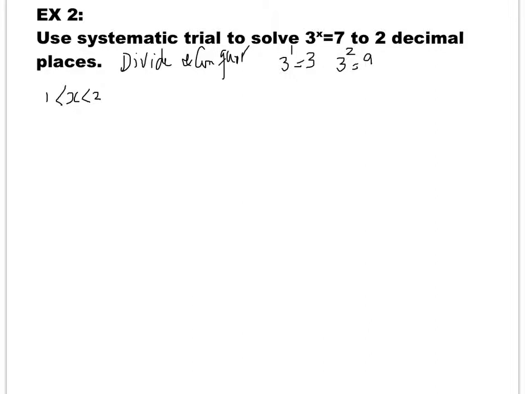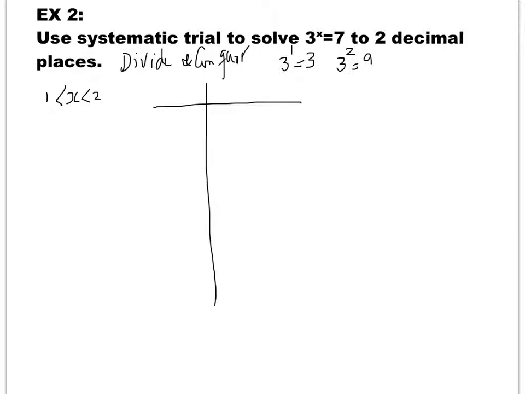The divide and conquer is very simple. It's going to divide the interval in half and then try to see if the value we find is close enough to 7. So, first of all, what is the middle value between 1 and 2?